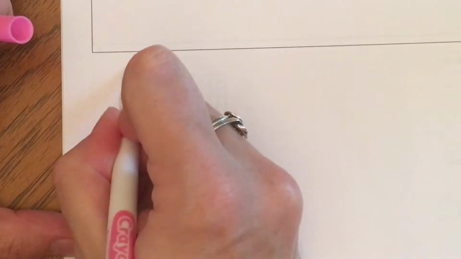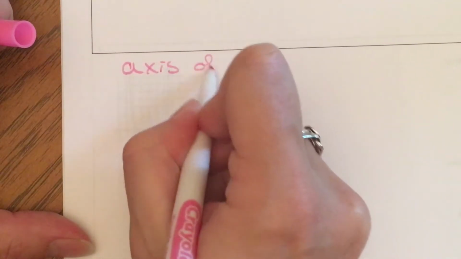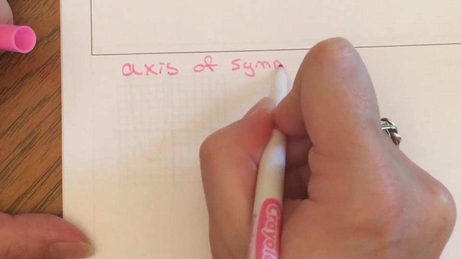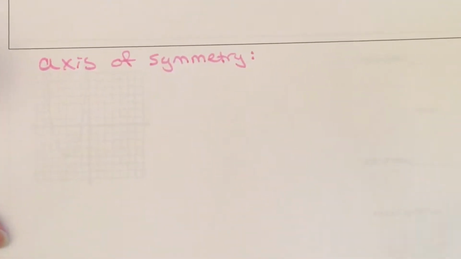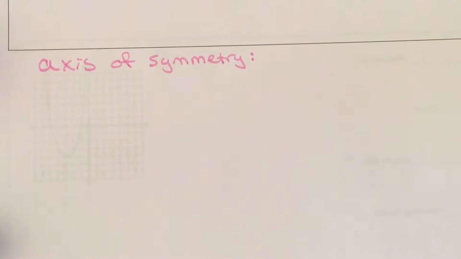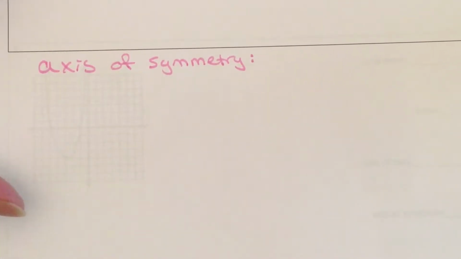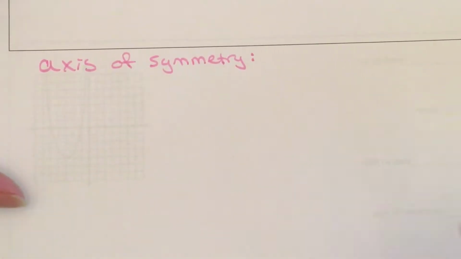We have lots of room on this paper. Axis of symmetry. The axis of symmetry is always an equation. It is never just a number.